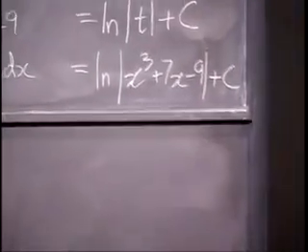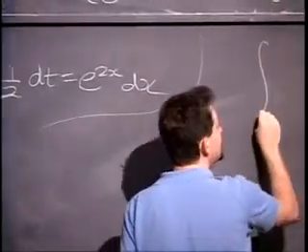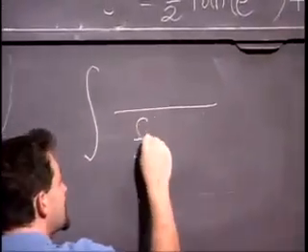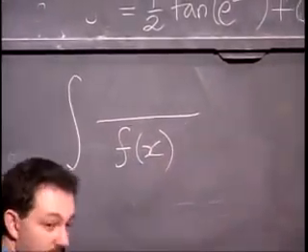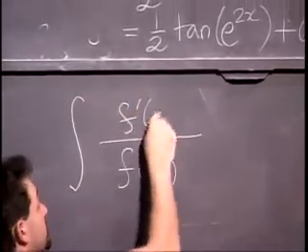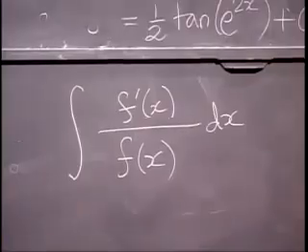Okay, this happens so often that it's worth writing it down as a boxed formula. If you have an integral, which is a fraction, and such that you have a function on the bottom and the same function's derivative is on the top, exactly the same thing will work.